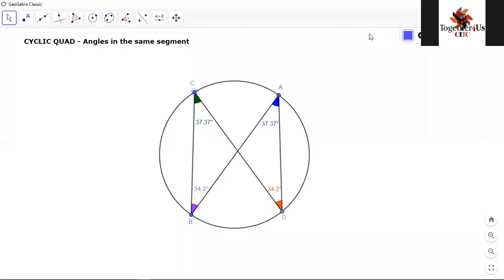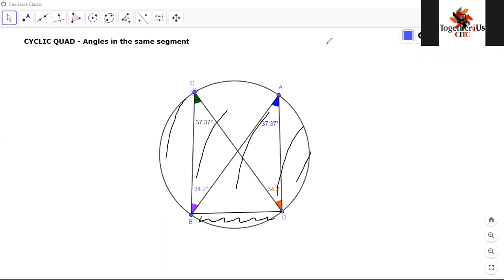Quickly, we had said, if I was to draw a chord here called BD, then this portion here is the small segment, and this portion here, which is this one here, is the bigger segment. So what is happening here, you've got to note and realize that angle C and A are actually in the same segment.